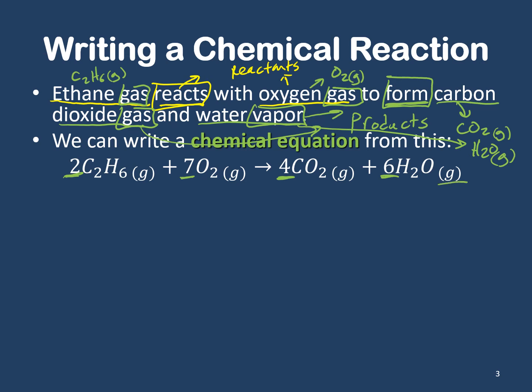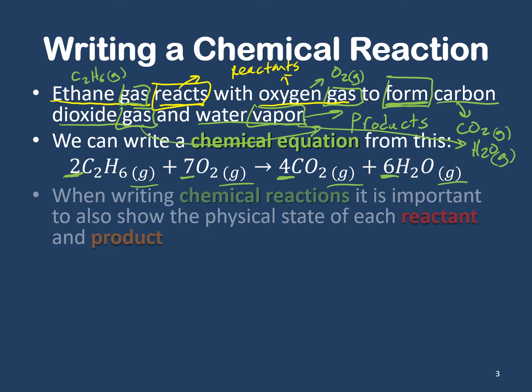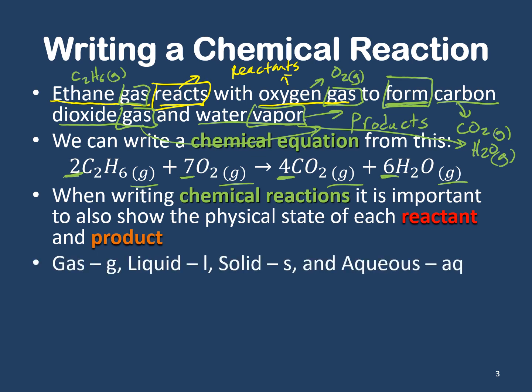So notice that each one of my products and reactants has this parentheses with a symbol next to it, g in this case for gas. When we write our products and reactants out in a chemical equation, it's always very, very important to include the physical state of the substance. So we have different symbols to denote this.